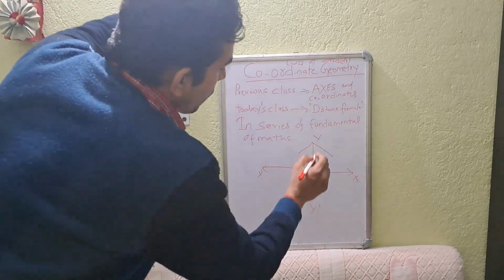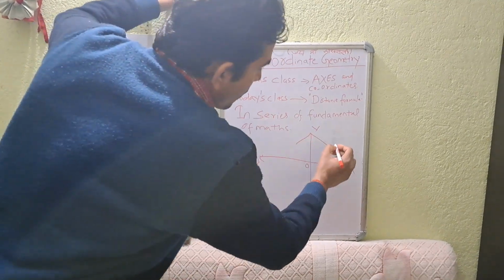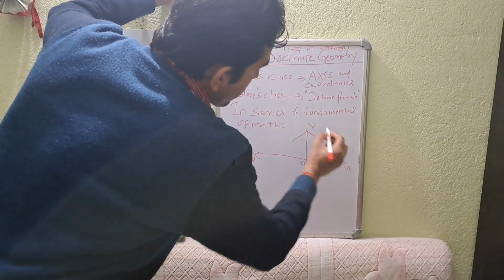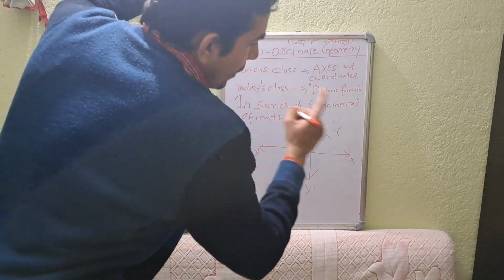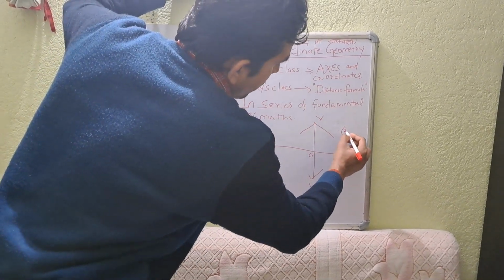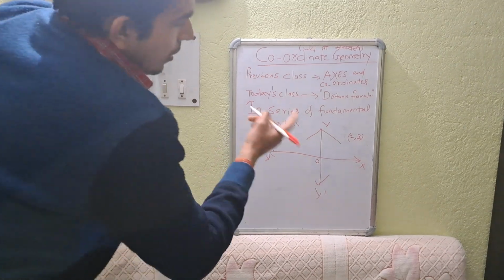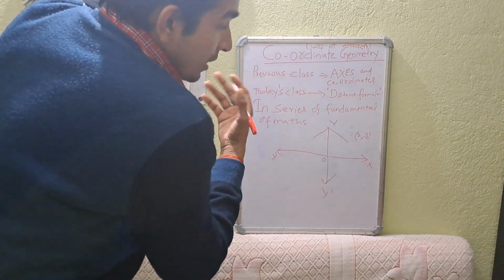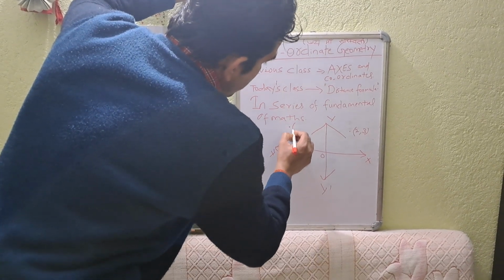Okay. And we had already studied, suppose one point lies on the first quadrant. On the first quadrant both the coordinates are positive, so x will be positive and y will be positive. Suppose a particular point (2, 3) is lying on the first quadrant. And the second quadrant we had already studied, and we know the basic concept behind it, that x is negative.